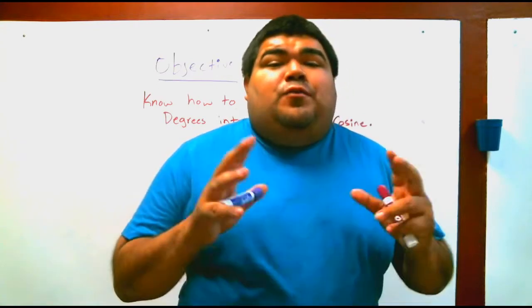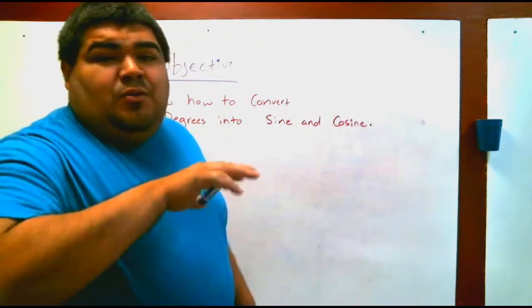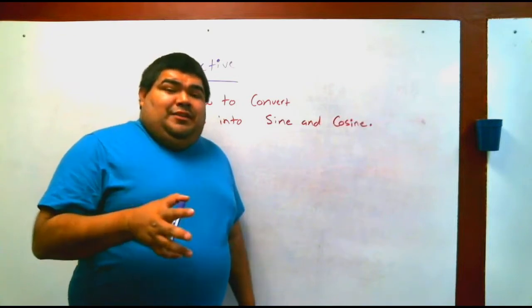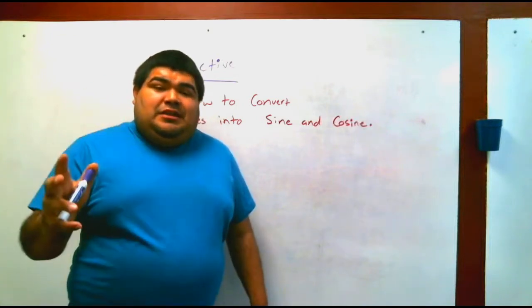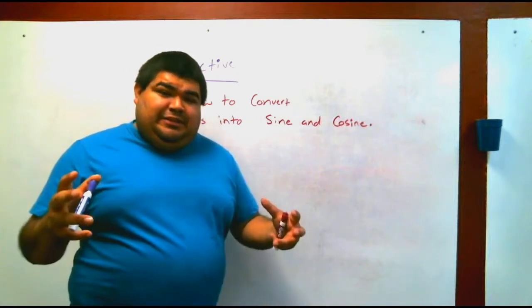So if I were to have something like this, all we're going to worry about today is converting. I will say this, you might have to think a little outside the box because the numbers I'm going to give you, you have to break into 2 pieces.